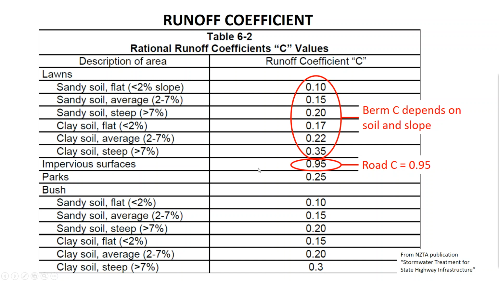Whereas an impervious surface like a road has 0.95. So 95% of the rain that falls on the road is going to end up in the stormwater system. The other 5% is going to evaporate back into the atmosphere. So these C values here are pretty good, and it's a matter of just picking the right C value and plugging it in.